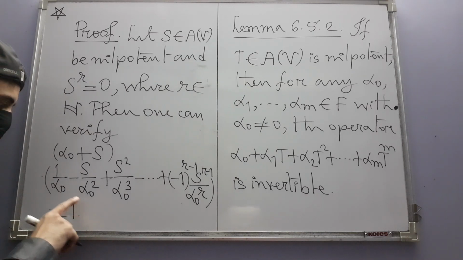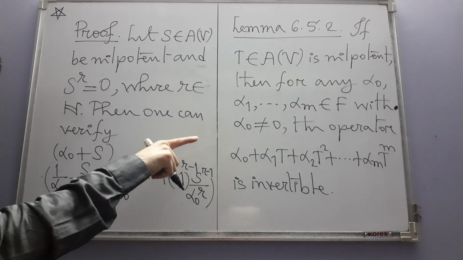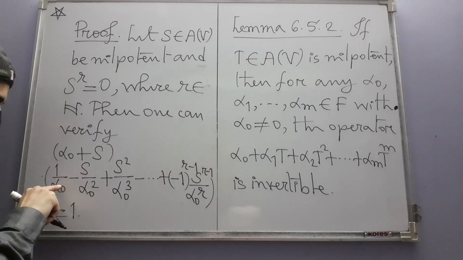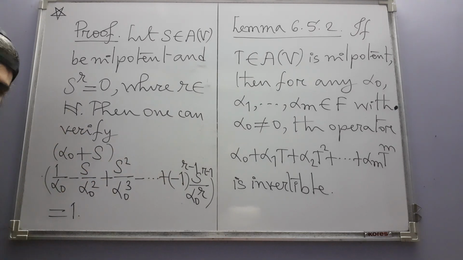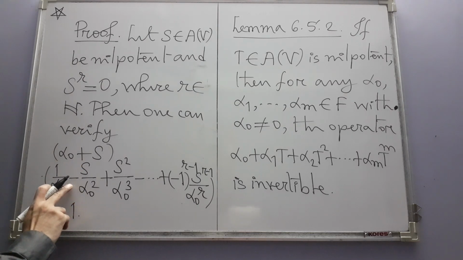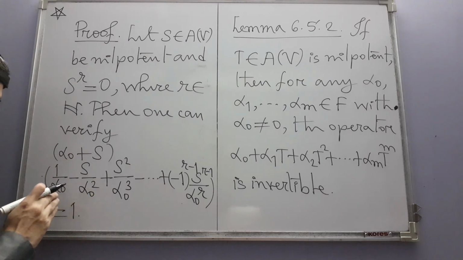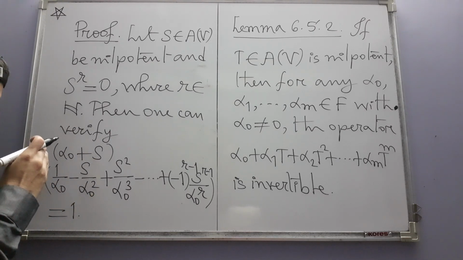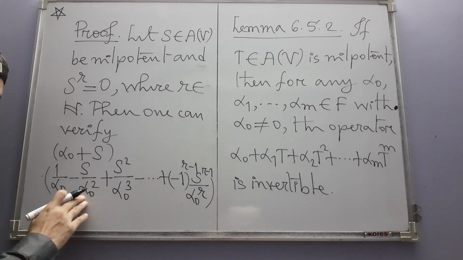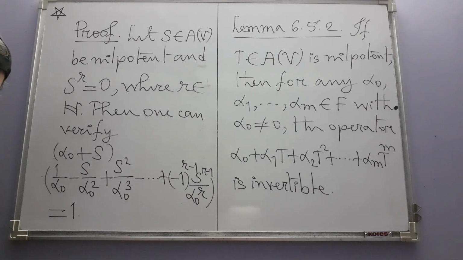You see that this makes sense because alpha naught is non-zero, and that is why its multiplicative inverse in the field exists. So 1 over alpha naught means just that. So you can interpret this term as the inverse of the square of alpha naught. Since alpha naught is non-zero and we are in a field, its square is also non-zero because fields are integral domains.